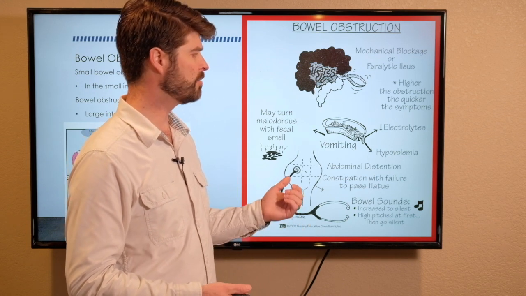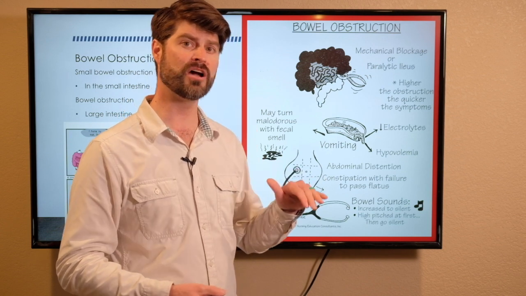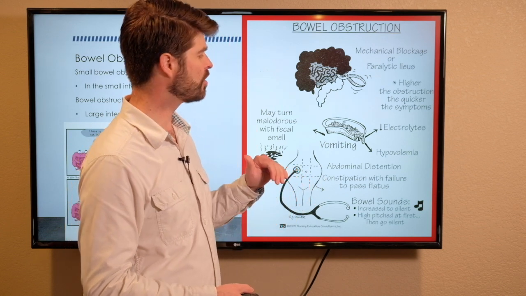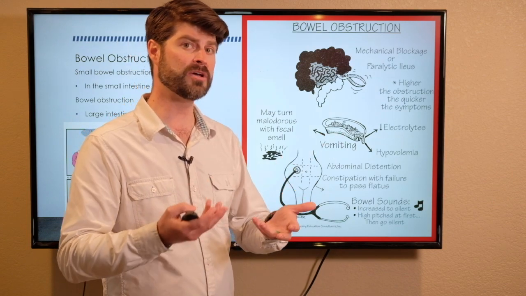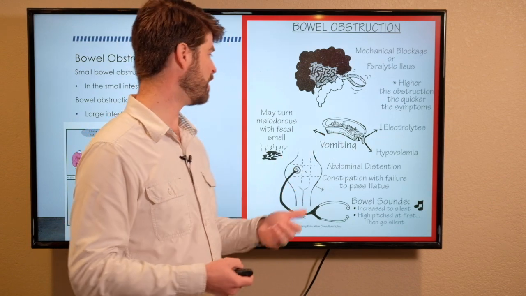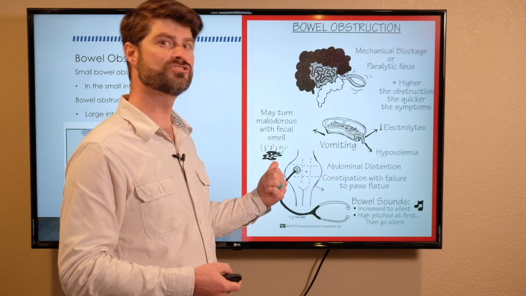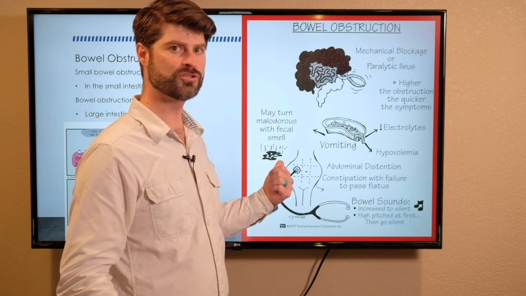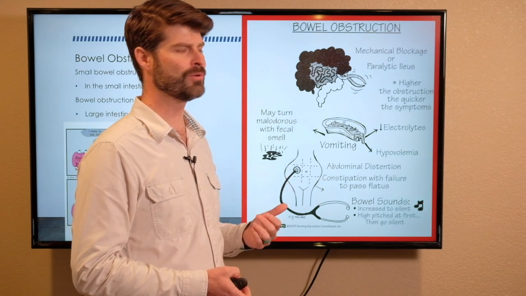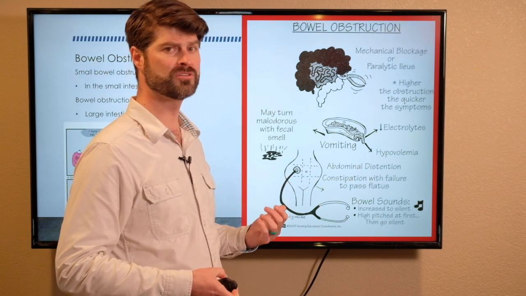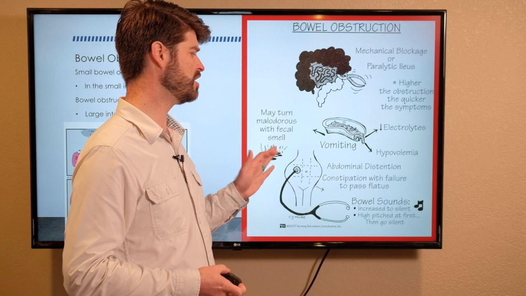But it's not going to be able to continue traveling through the GI tract. So patients are going to start vomiting and losing electrolytes through their vomit. But the contents that they're going to be vomiting, it's stool. It's partially formed stool. So it gets pretty gnarly.